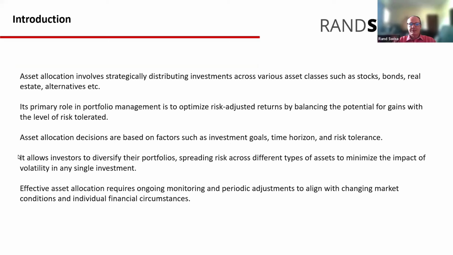Then it allows investors to diversify their portfolios, and diversification you would have heard a number of times, and I think we'll expand a bit on that, but that is definitely important. And then spreading risk across different types of assets to minimize the impact of volatility on any single investment. So we're going to dive deeper into that, but again, it's back to the risk-adjusted returns or risk reward.